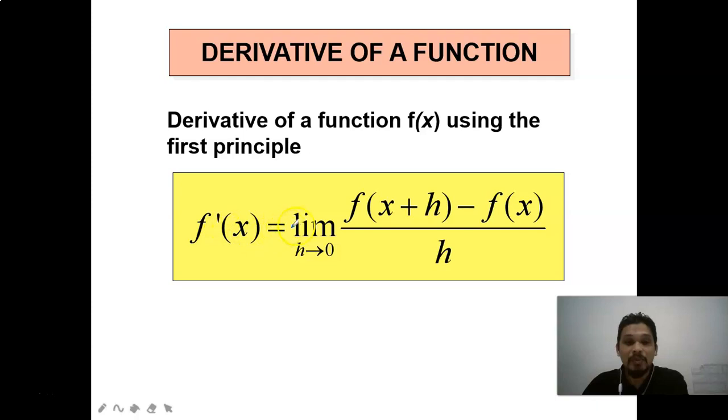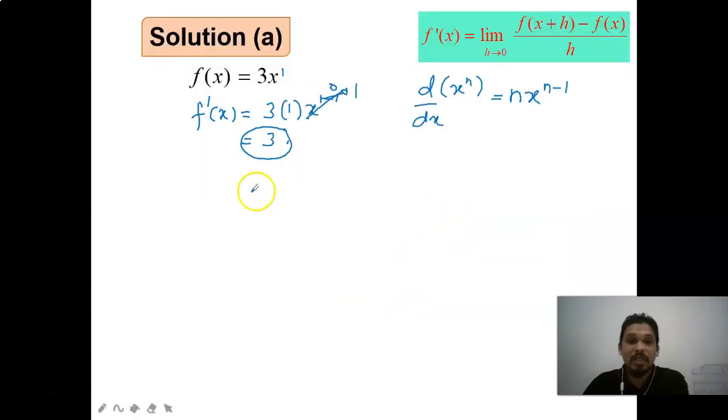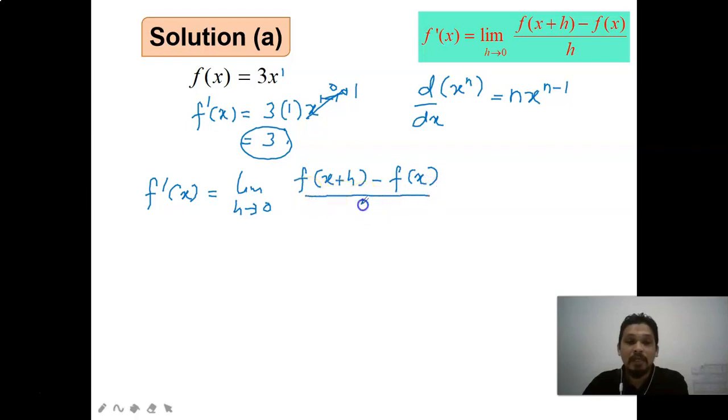So right now, let's see it again. f prime x equal to the limit as h approaches 0 of f(x plus h) minus f(x), divided by h. So f prime x equal to the limit as h approaches 0, f(x plus h) minus f(x) divided by h.